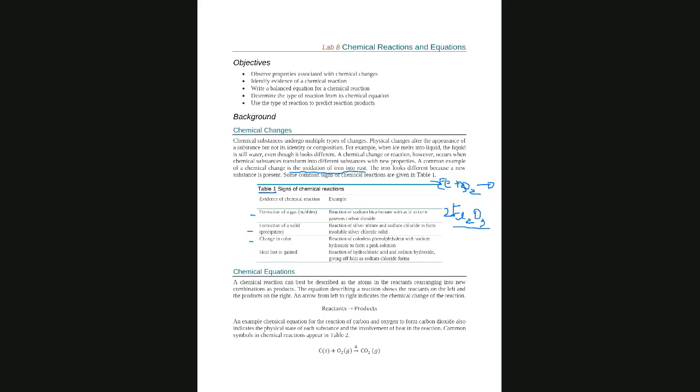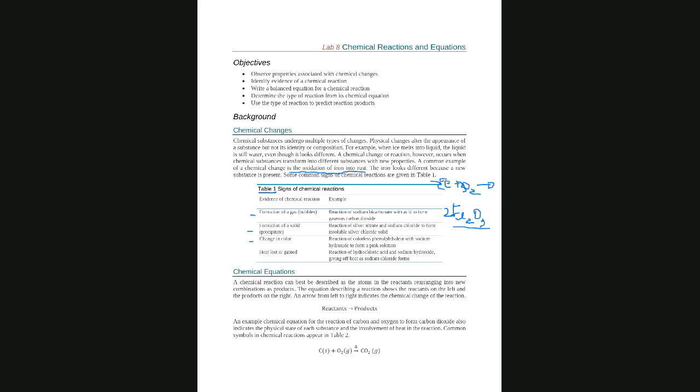It says heat lost or gained. This one, I want you to be careful with. It's listed here as a sign of a chemical reaction. Yes, it is. But what I don't want you to think is that it is always.